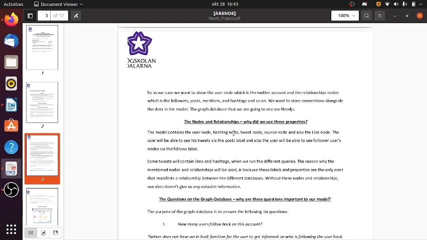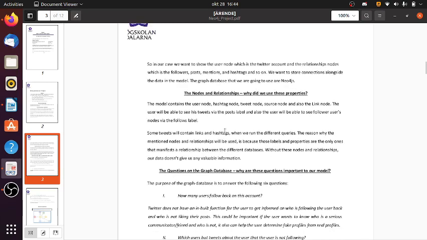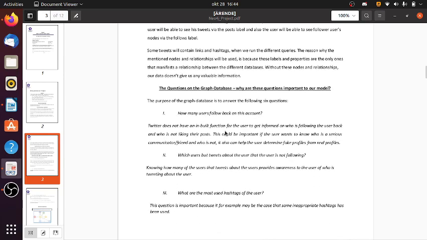If another Twitter user mentions another Twitter user, that's the only way the two databases will have some sort of relationship with each other. Without these nodes and relationships, our data doesn't give us any valuable information.